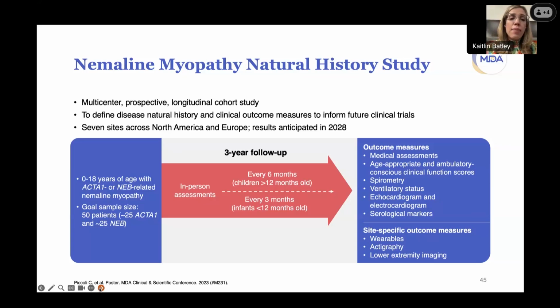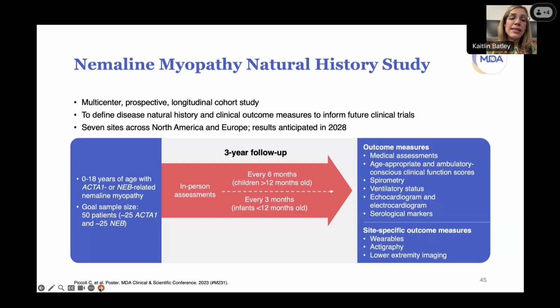And so this is an example right here of a natural history study that's getting ready to kick off that we happen to know quite a bit about because we'll be a site. This is looking to investigate the natural history of nemaline myopathy, specifically those with NEB and ACTA1 related nemaline myopathy.